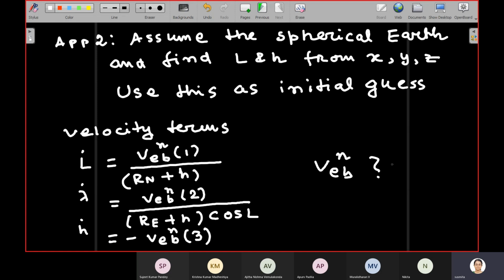Is it the earth-centered or the fixed body frame? What do you mean by that? You tell me the significance of these letters E, B, and N, and what they imply in this context. Ma'am, B represents the body which we are considering at some height h.